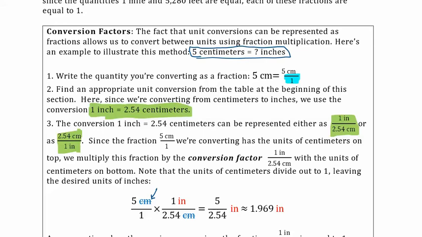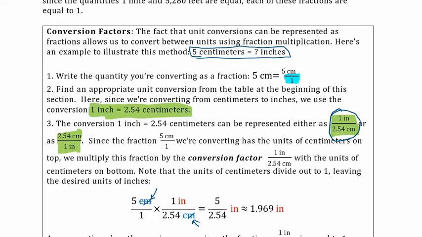You take the number that you're converting, the 5 centimeters over 1, right here, and notice that the centimeters is in the numerator. So in order to make those centimeters cancel out, or go away, reduce, we need to pick the conversion factor that has the centimeters in the denominator. So we want to pick this one because it has the centimeters in the denominator, and then we can reduce these centimeters. We're just left with inches.